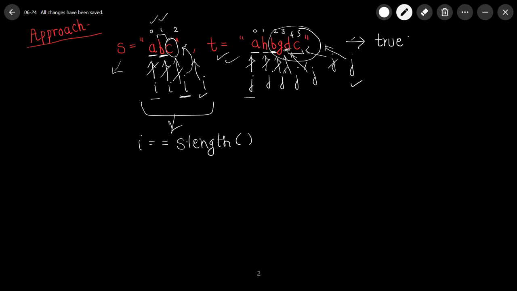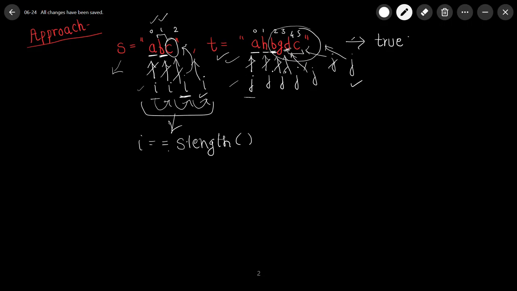That's why only now we move the i pointer forward. If they had not been matched with the characters in t, we would never move the i pointer forward. We only move the i pointer forward when there is a character match in string s and string t.